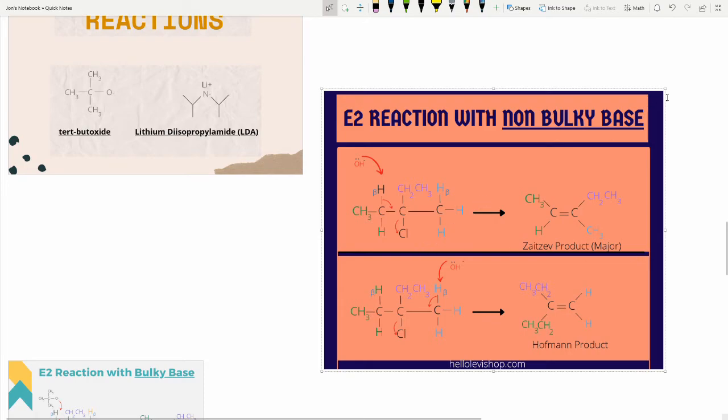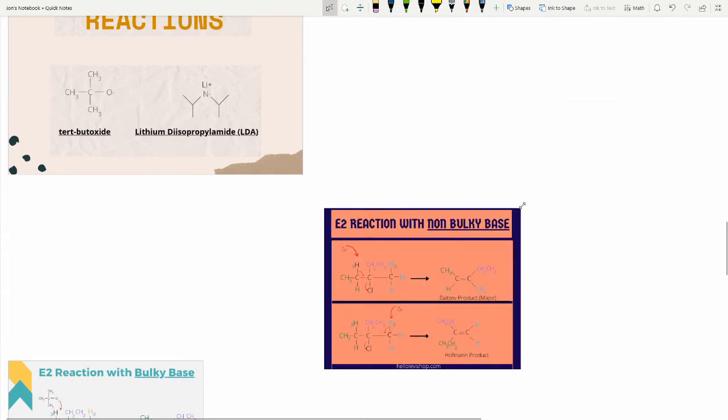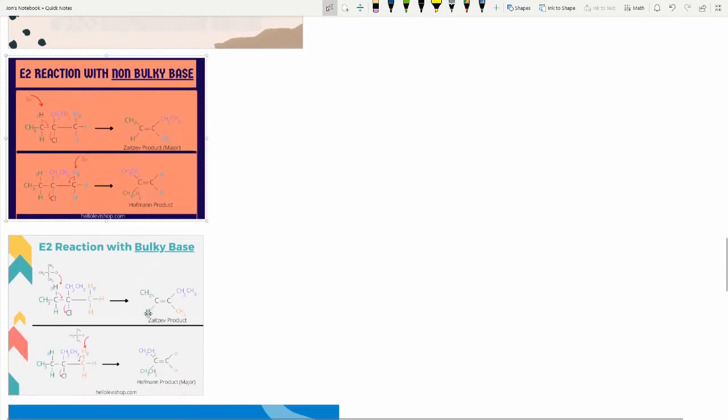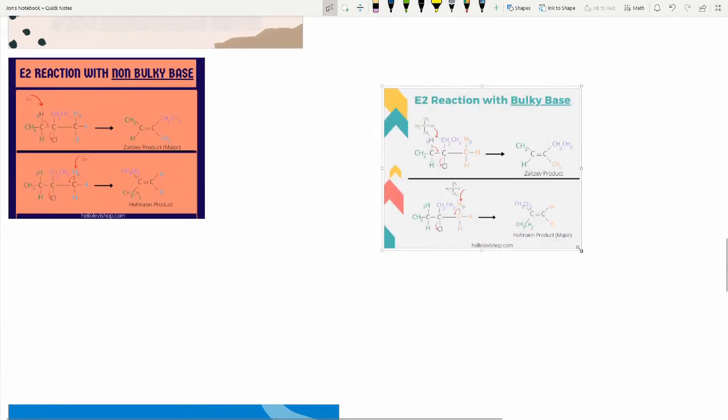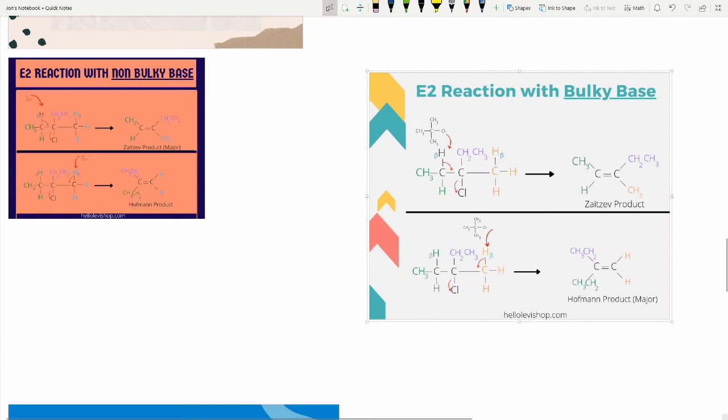Now let's put this one away and look at this one right here with a bulky base. In the second example, we can see the usage of a bulky base in an E2 reaction. In this case, we'll use tert-butoxide as a strong base. In the top portion, we see tert-butoxide abstracting the beta hydrogen to the left of the leaving group.